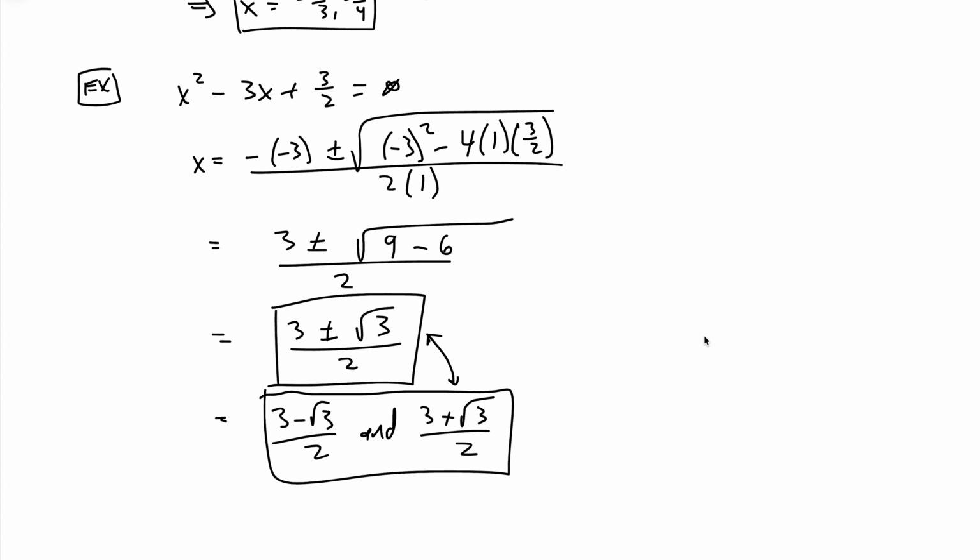So this and this are great. And again, as we expected, the discriminant was equal to positive 3, which meant we would have 2 real solutions, and we do. These are 2 real solutions. So, okay, perfect. This is using the quadratic formula.